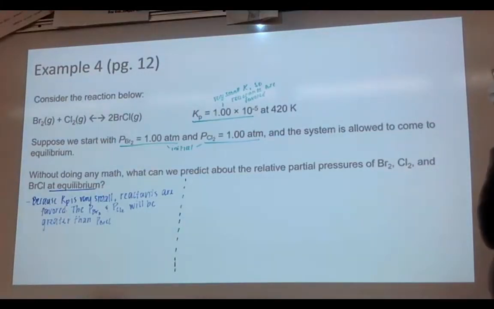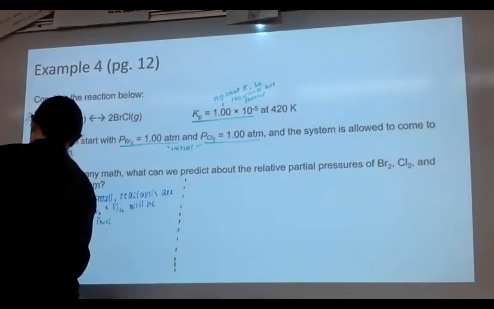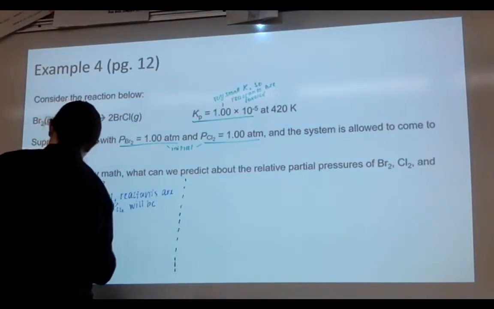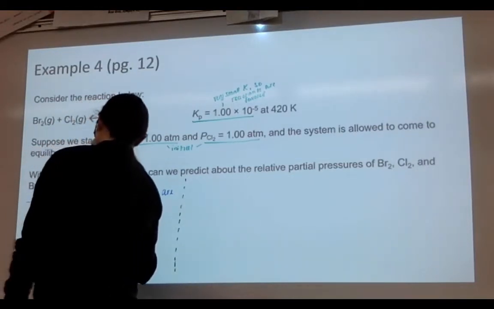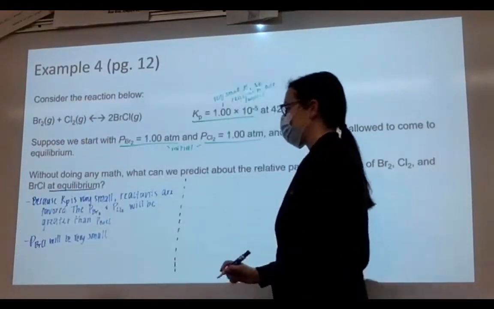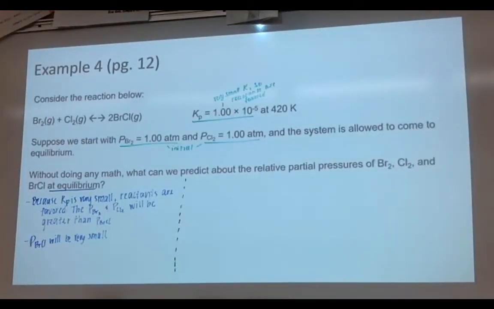We expect the pressure of Br2 and the pressure of Cl2 to be greater than BrCl. And I could even go a step further and say the pressure of BrCl will be very small. Because if K is so small and there are mostly reactants, we wouldn't expect there to be a very large pressure of the products.